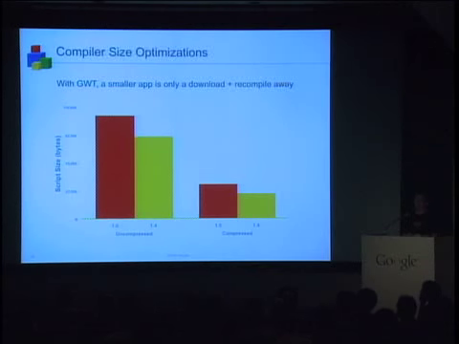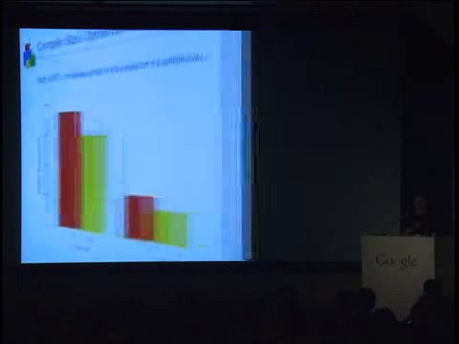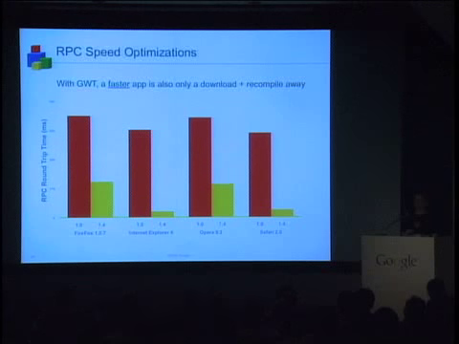Similarly, the compiler, we're getting the size of your application smaller, so just by downloading a new version. And also a faster application is also just a download away. So a simple upgrade of Google Web Toolkit gives an improvement of your site's performance. And you can expect this to happen each new version.